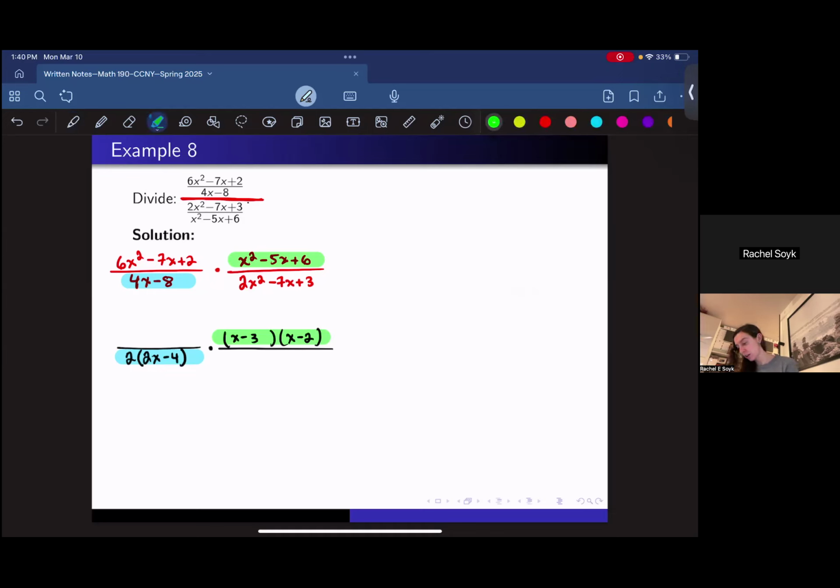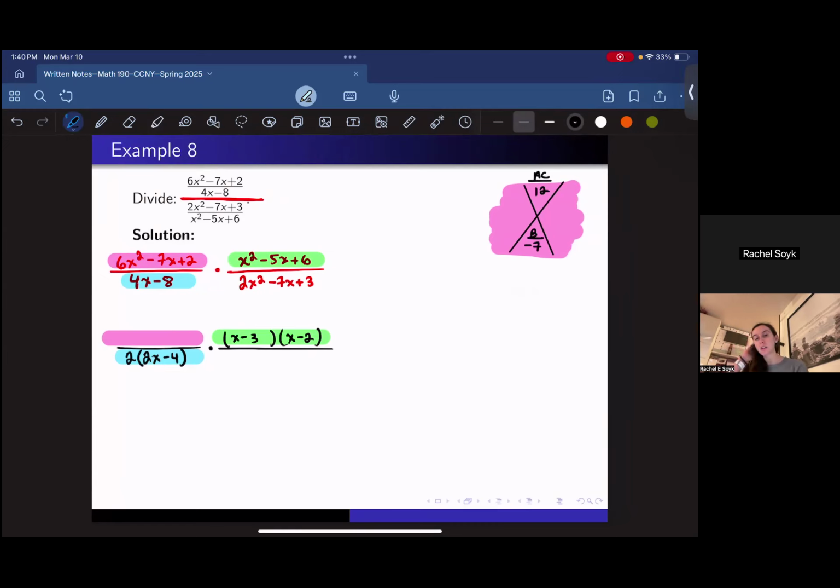Let's try and utilize our AC method for factoring 6x squared minus 7x plus 2. So our AC here is 6 times 2, which is 12. And our B is negative 7.